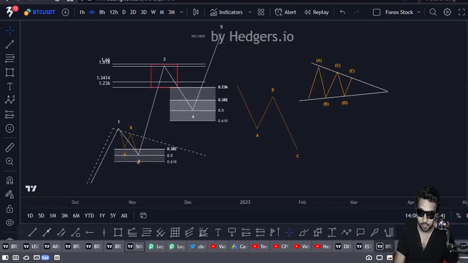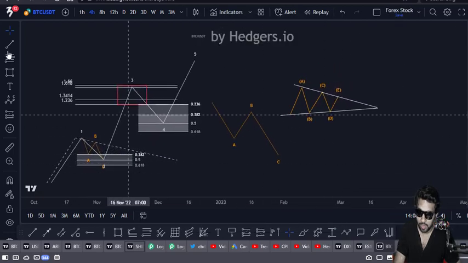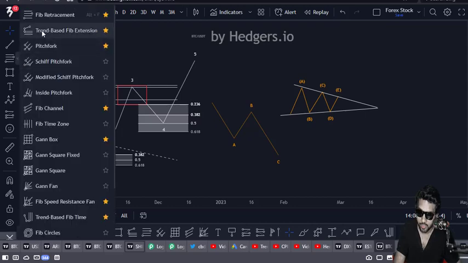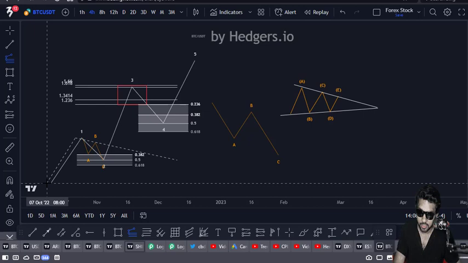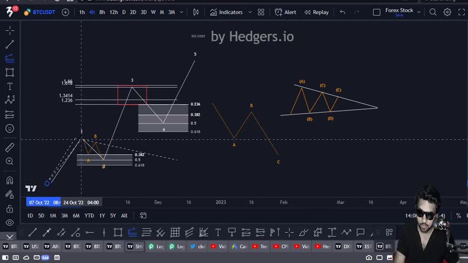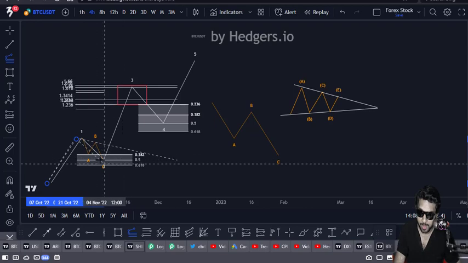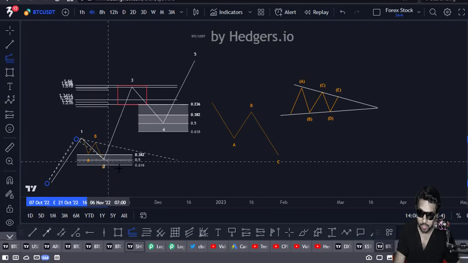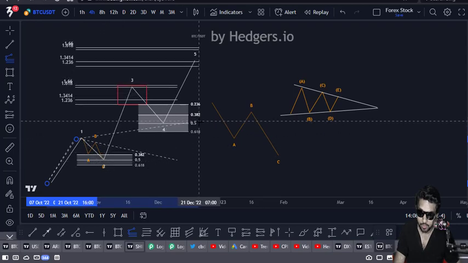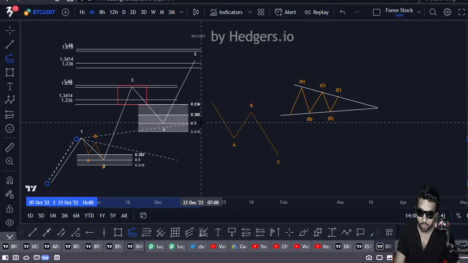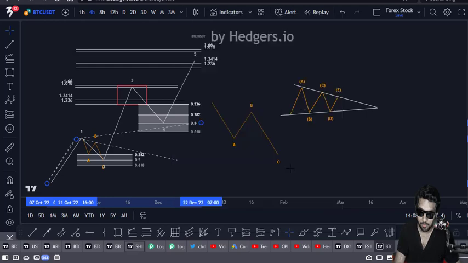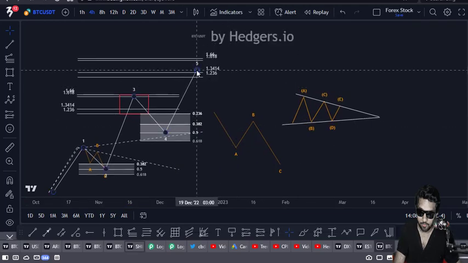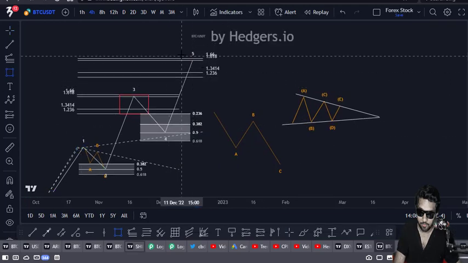Now you see here, you're going to use the same tool we used, the trend-based Fibonacci extension, from the point of the wave 1 to the wave 1 top, and now we are not going to take it towards the wave 2, we are going to take it towards the wave 4 here. You see this point, and now you can see you are having your fifth wave to the upside.